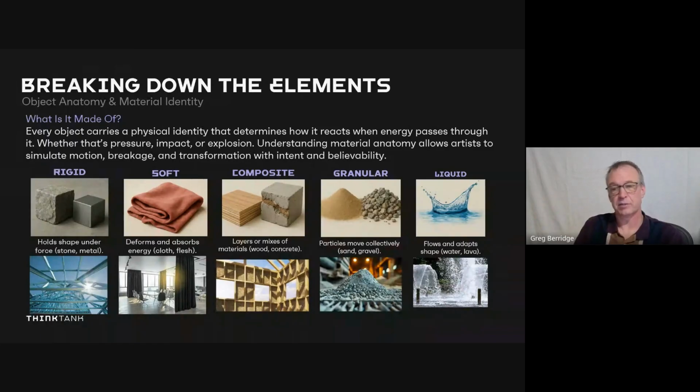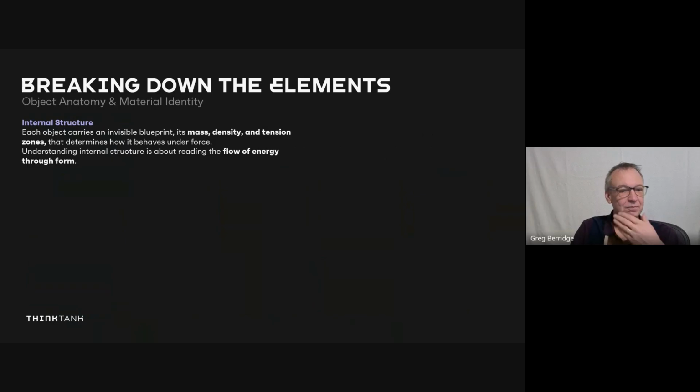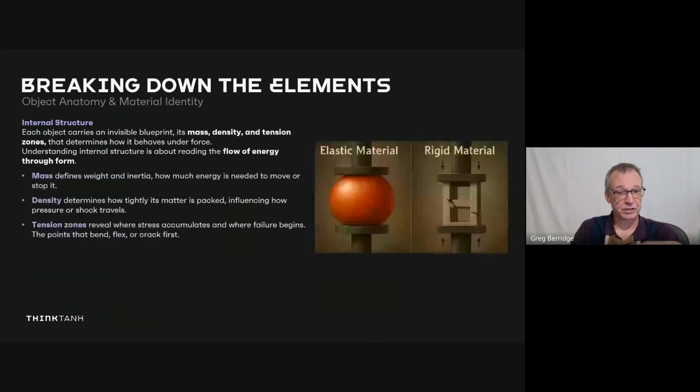And we will talk about light later on. And then if you're really suicidal, you want to throw some liquids in there too to make the explosion really crazy. So each object carries an invisible blueprint. It's mass, density, and tension zones. These determine how it behaves under force, and you really have to start to understand this.